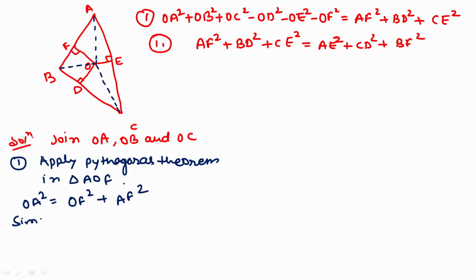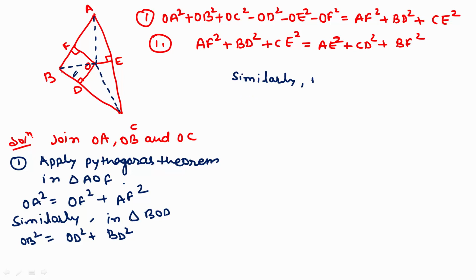Similarly, in triangle BOD, OB is the hypotenuse, OB square is equal to OD square plus BD square, and similarly in triangle COE, OC square is equal to OE square plus EC square.